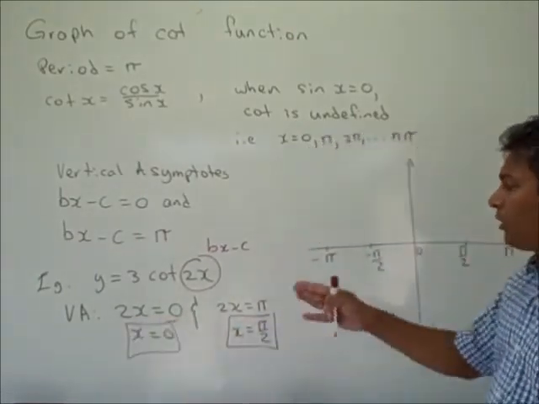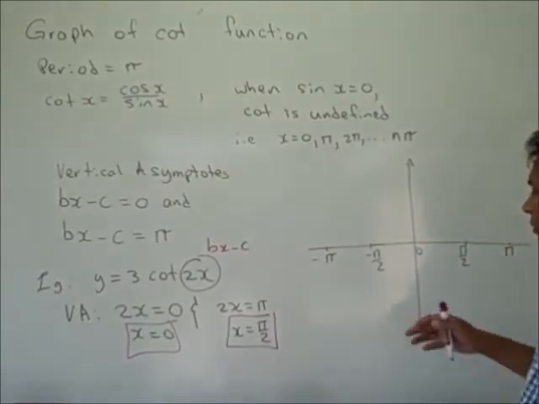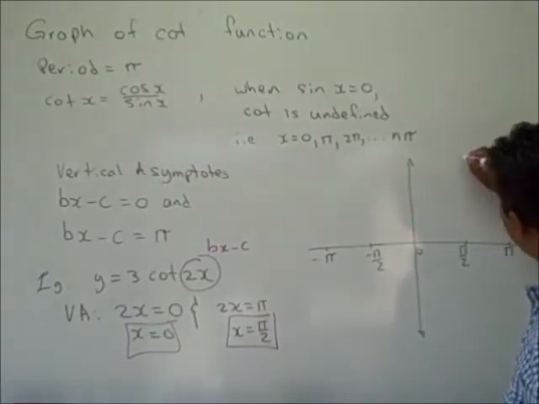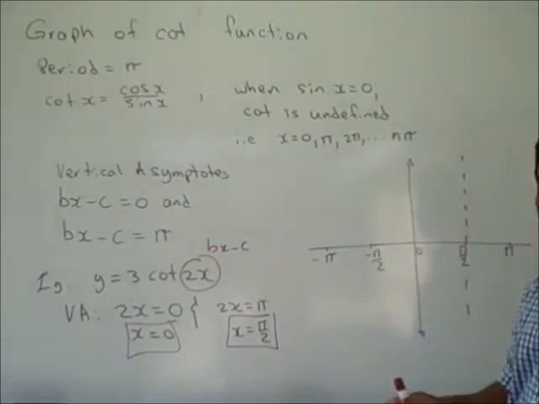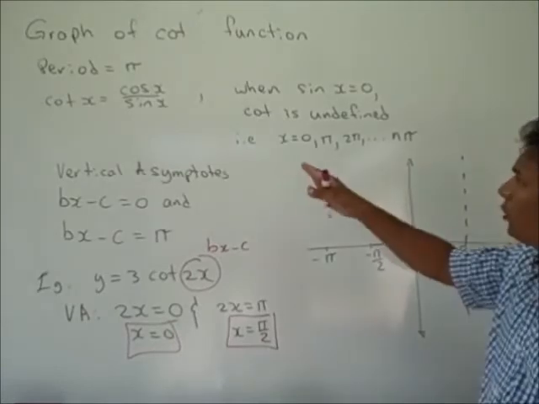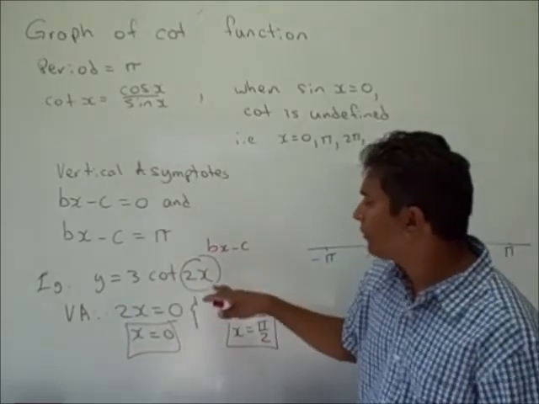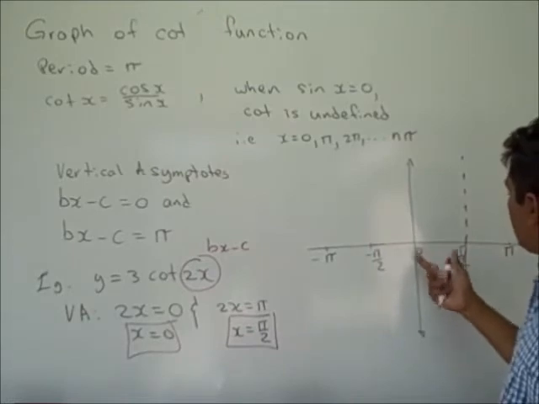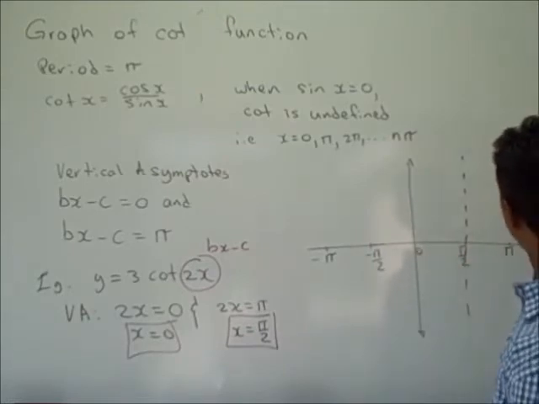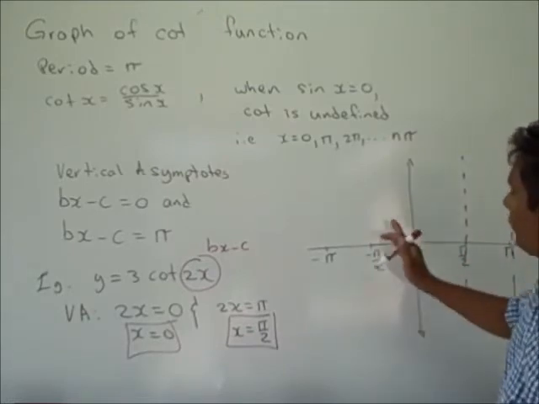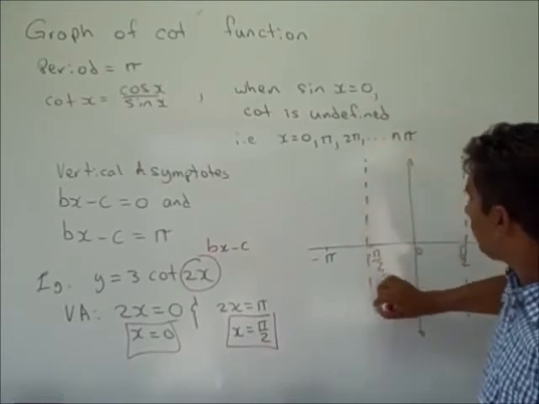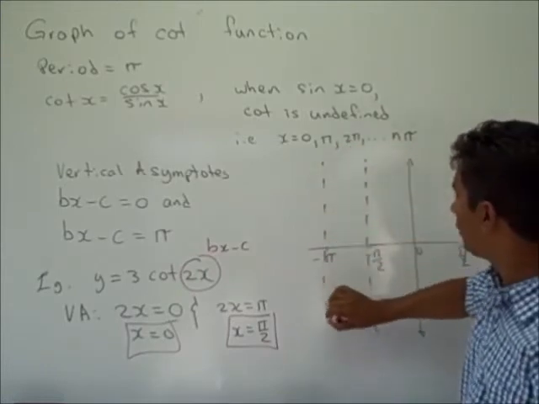These are our two vertical asymptotes. So here we have 0 and pi over 2. So one period of our cotan function for this equation is from 0 to pi over 2. If we add pi over 2 to this, we have another period, which is pi. If we went in this direction, another period, and another period.